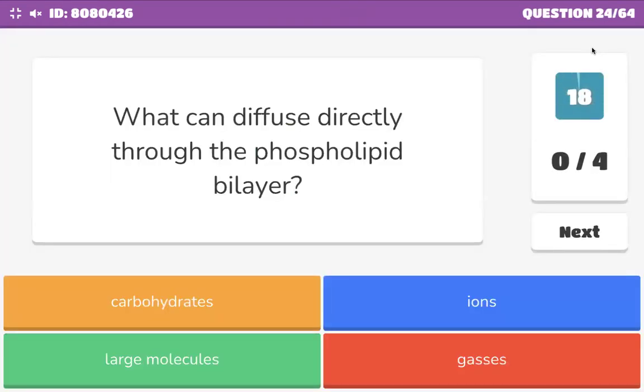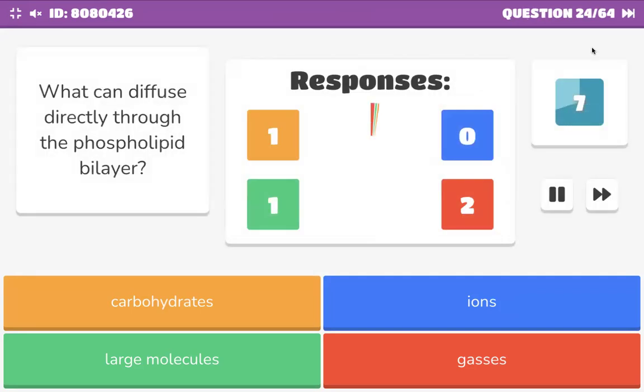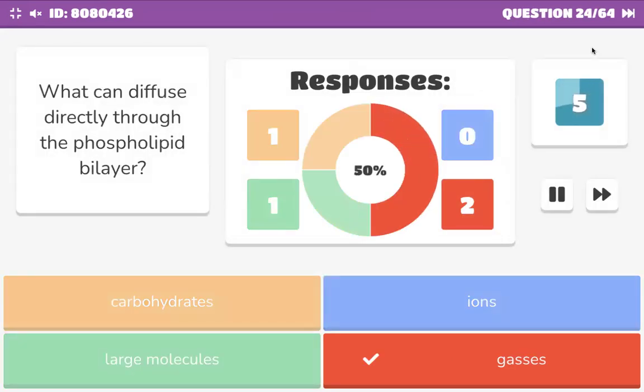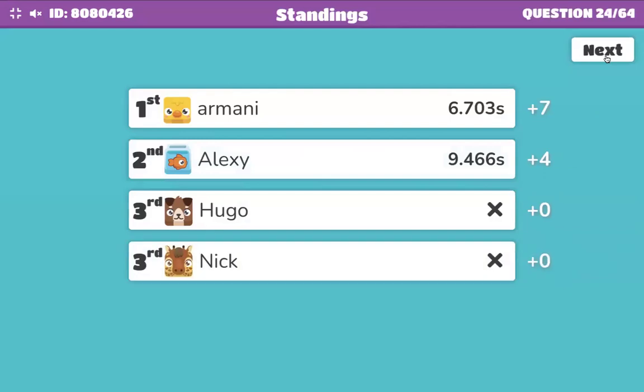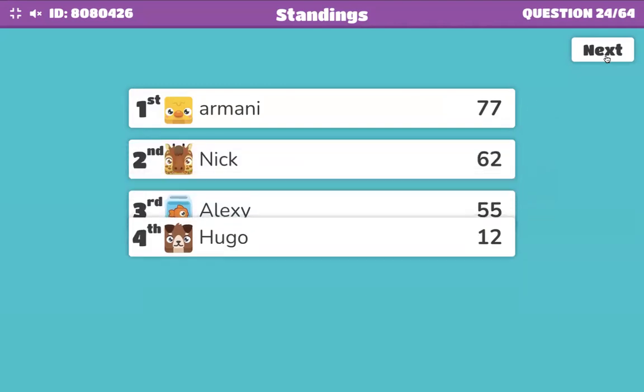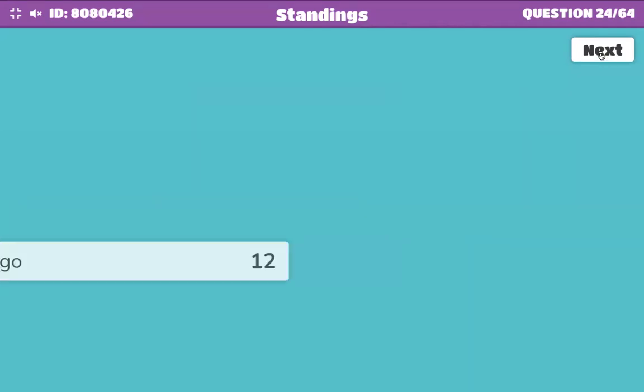What can diffuse directly through the phospholipid bilayer? Yep, gases. The phospholipid bilayer is selectively permeable, so some things cannot pass unless it has a receptor, but others can without one, like gases because they're small enough.